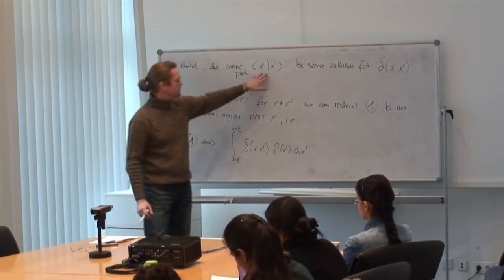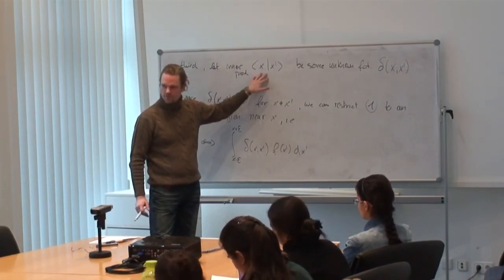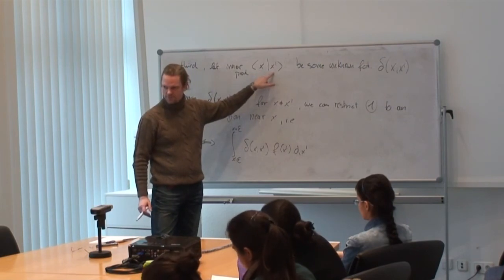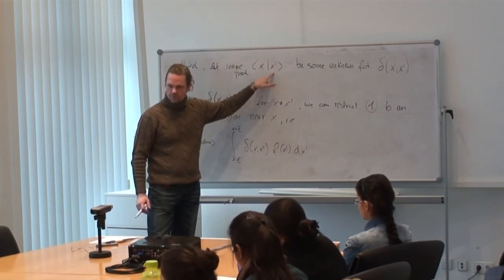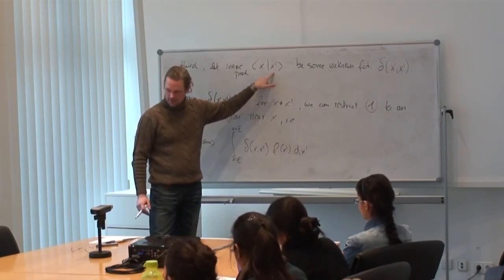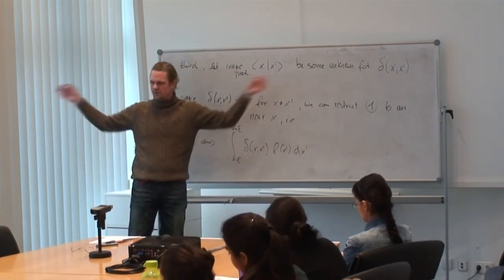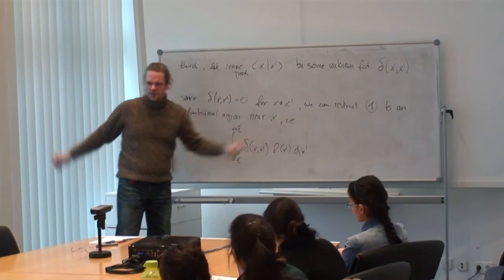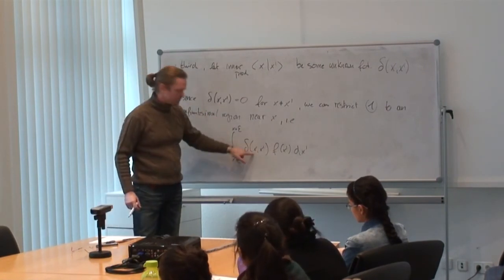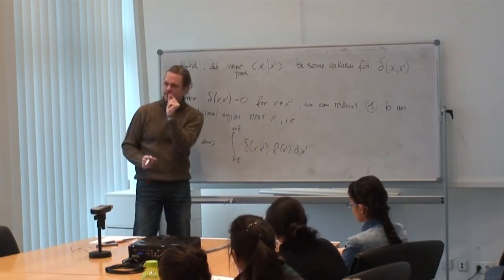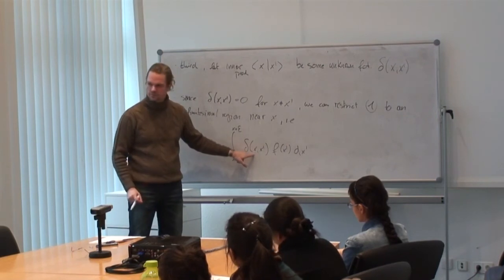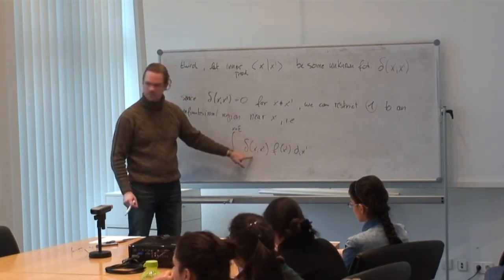Right. Once again, this thing here did occur in equation 1. But for this thing, we do know that it is 0 whenever x and x prime are not the same. We don't really know what it is if they are the same, but we know that instead of integrating over all the interval, we can focus on some tiny interval around x. Right? Instead of this, we plug in this.